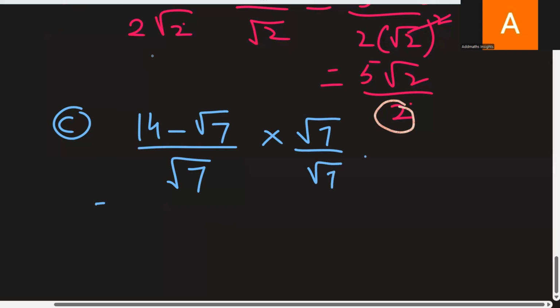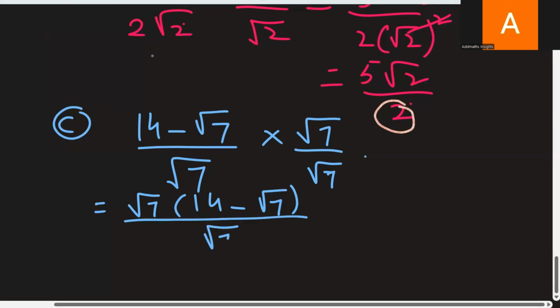And you can write in the numerator root 7 times 14 minus root 7, and in the denominator, when you multiply, it becomes root 7 squared. And you can simplify it. How to multiply?